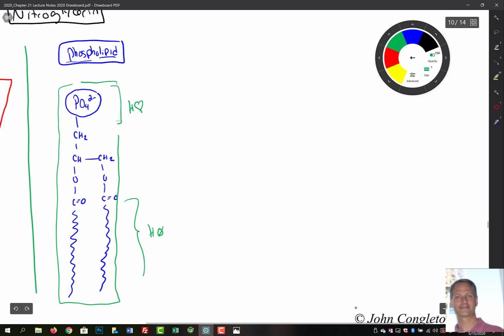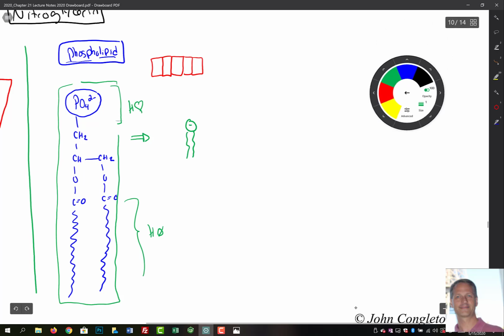So compared to our little pizza shape before, these things have more of a square shape. So when you put them together, they can actually line up and stand up like dominoes a little bit better as compared to those soap molecules that we saw before when we hydrolyzed the animal fat. So we're going to abbreviate this as a negative charge, but with two tails.